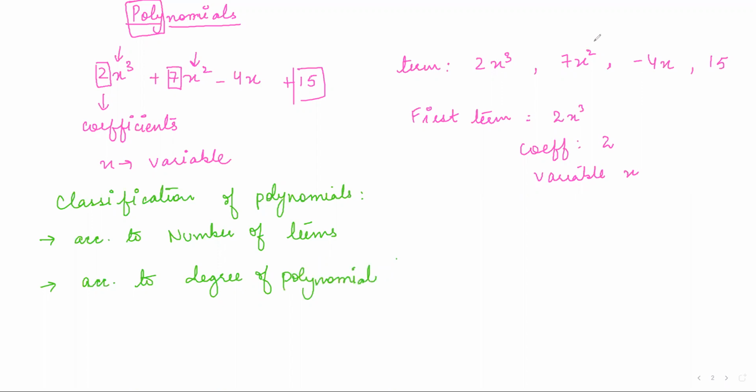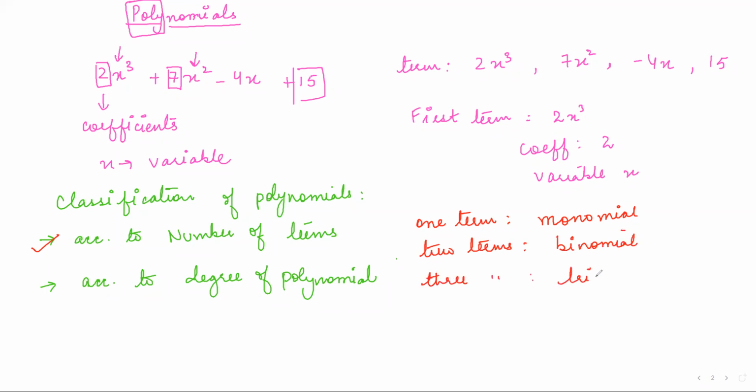Okay, now come to the first classification, according to number of terms. If a polynomial has only one term, it's called a monomial. Understood? Yes. If it has two terms in it, it's called binomial. And similarly, three terms will be called a trinomial, and so on.